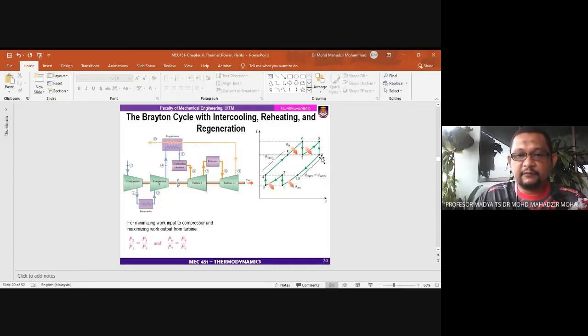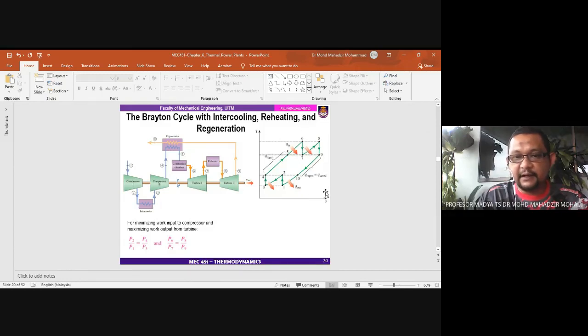Then this product is passed to the regenerator, and the heat from the product gas is transferred to the inlet gases, and then all the product goes out to the atmosphere. So this is number 5. Okay, this is a schematic.